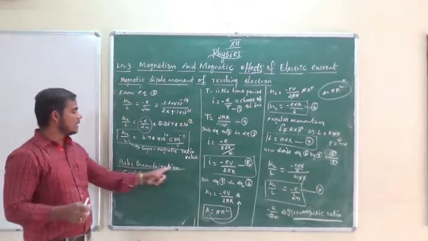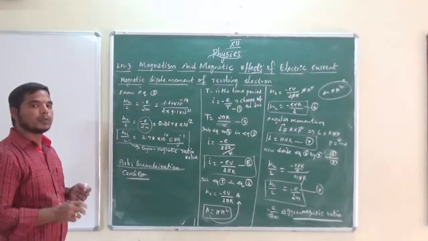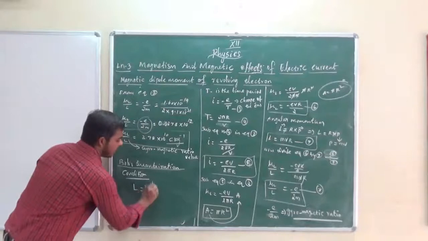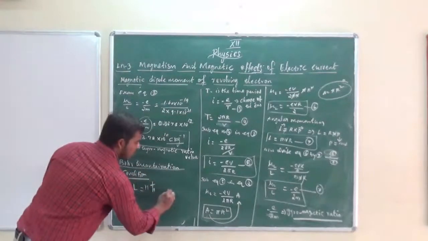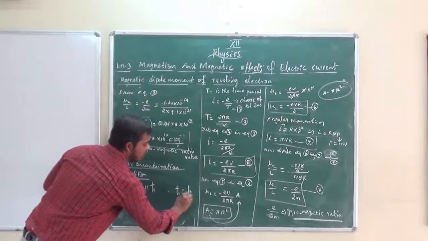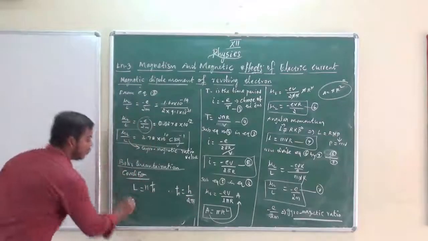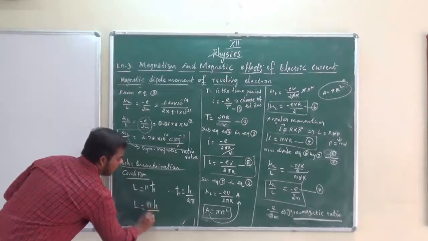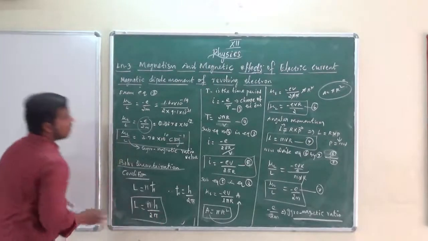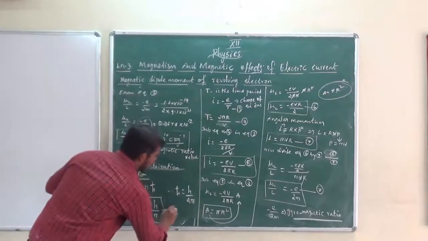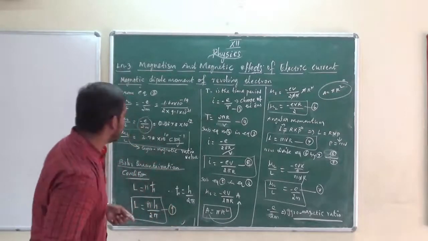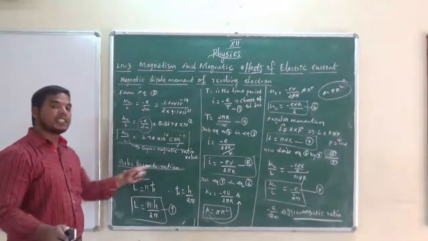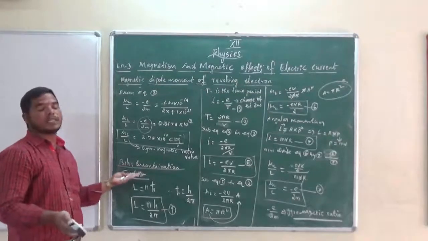The Bohr quantization condition means angular momentum L is equal to n into h cross, where h cross is nothing but h by 2 pi. Substitute L equal to nh by 2 pi. This is equation number 9, obtained directly using the Bohr quantization condition.